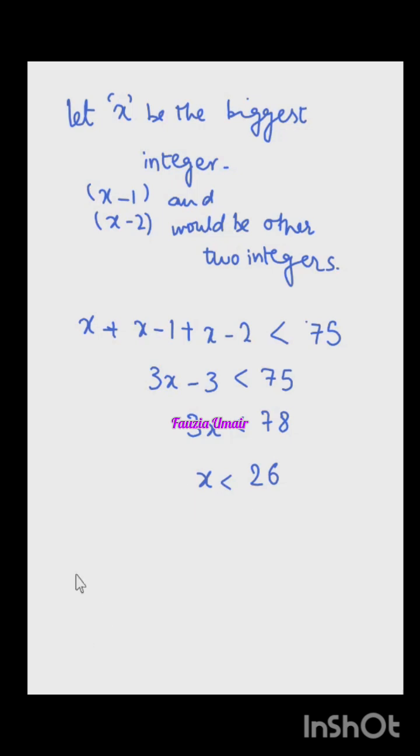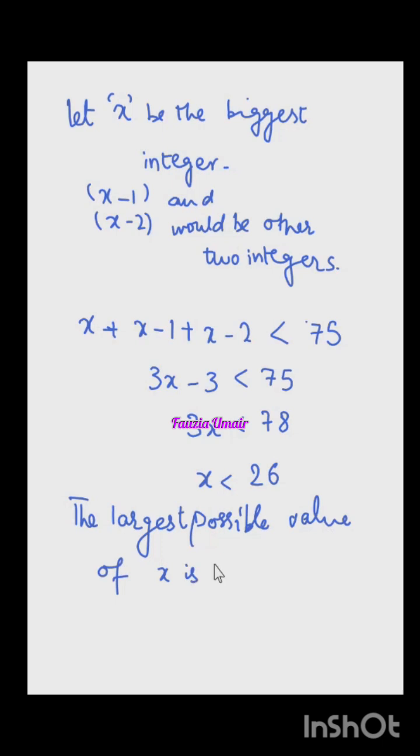So now what to do? Now we will find the cube of 26. Not 26, because x is less than 26. So what will be the largest? 25. So then we will say the largest possible value of x is 25.